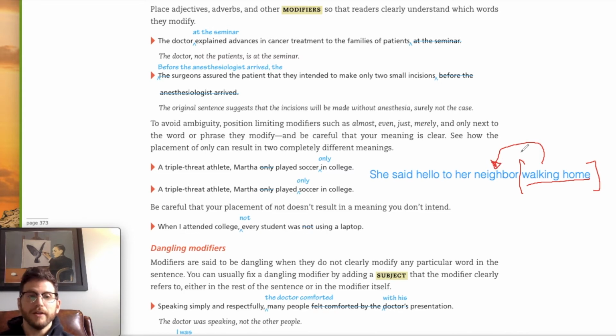Now, if it's the case that she is the one walking home, and as she's walking home, she's saying hello to her neighbor, which is probably the case. She's walking home, and then she's maybe passing her neighbor in the yard, and she's saying hello. If that's what we mean, then this is a misplaced modifier. This is in the wrong place.